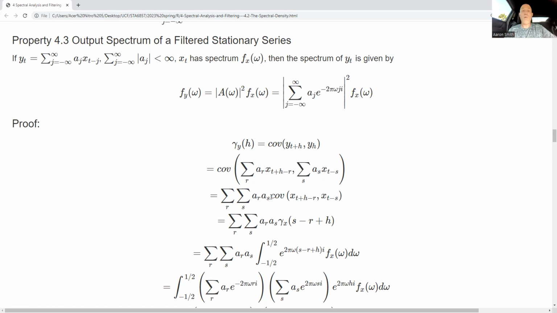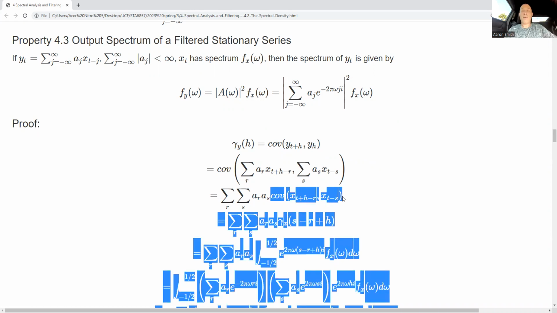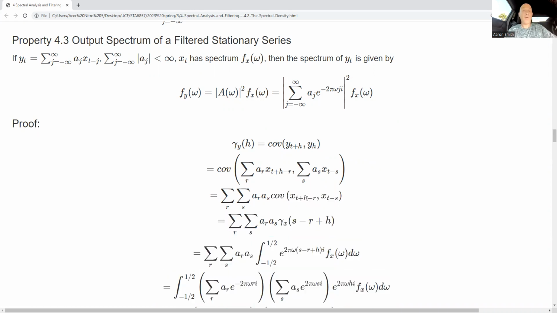And so now I've got the covariance on the time series x multiplied by the coefficients, and then I'm adding everything up. All right, so I'm going to replace the covariance with the autocovariance function on x. That's easy peasy. So now I'm going to realize that I can reverse this item using the Fourier transform.